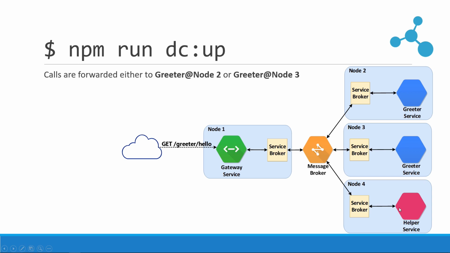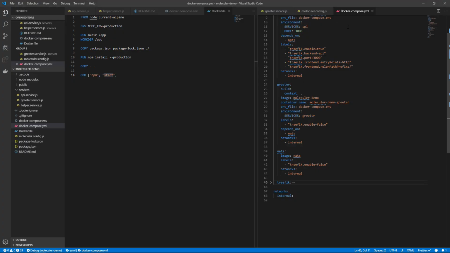So we need to go back and modify our Docker Compose. Now, before doing the changes, I need to explain what exactly happens when we create a container. When we create a container, we copy these files over here into our container.